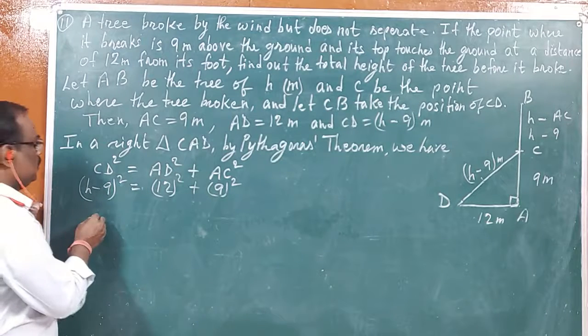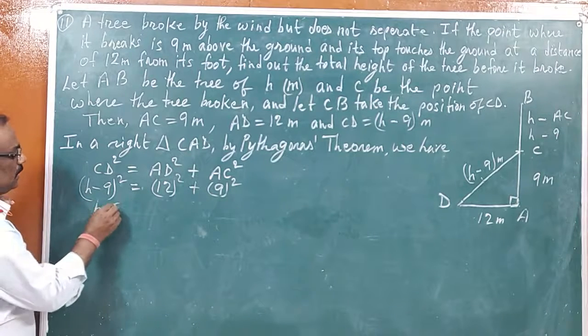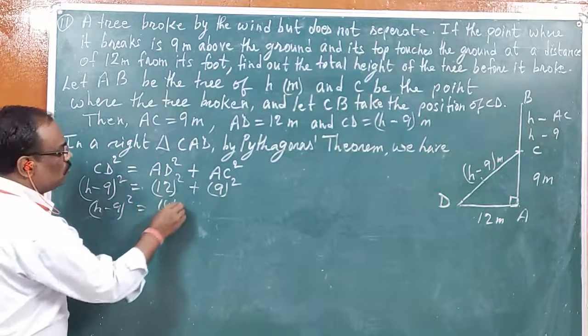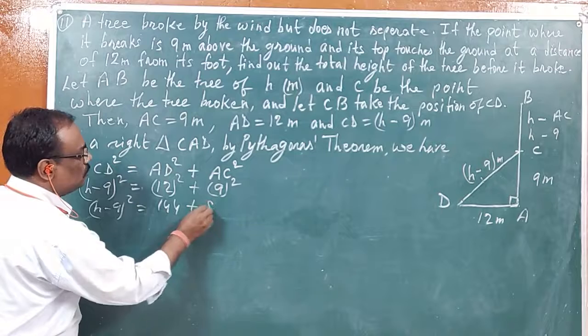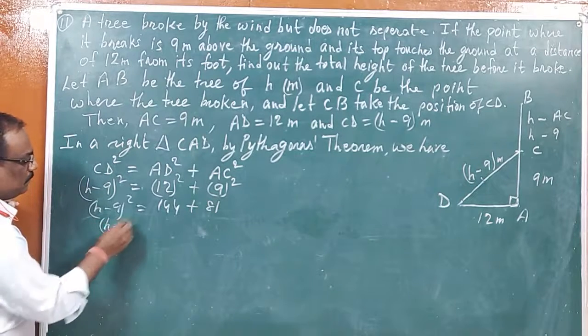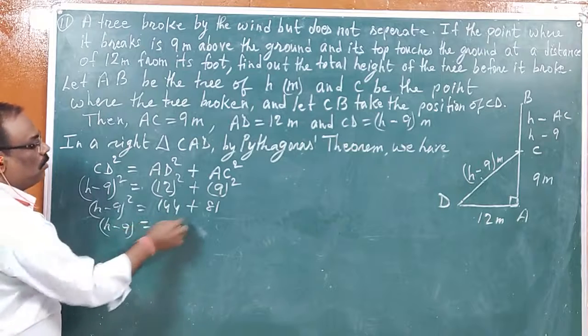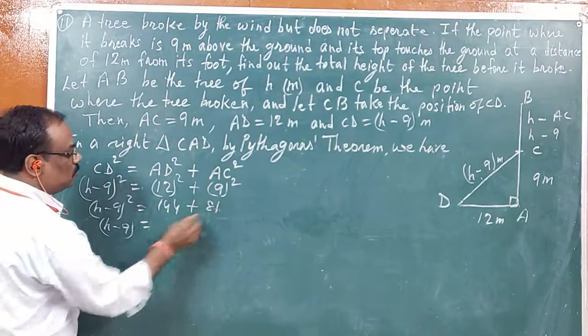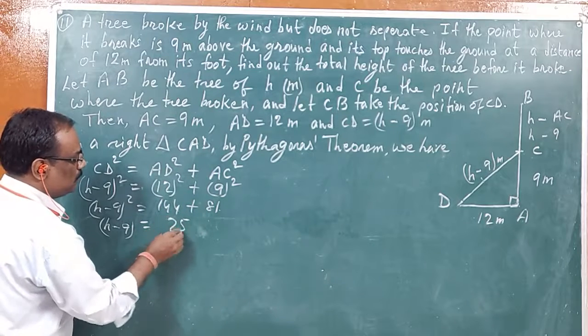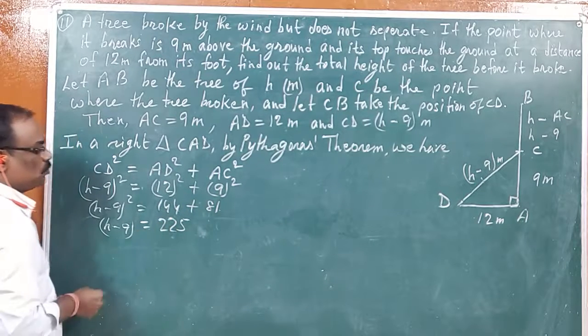So h minus 9 square is equal to 12 into 12, 144, 9 into 9, 81. When we add 144 and 81, we get 225.